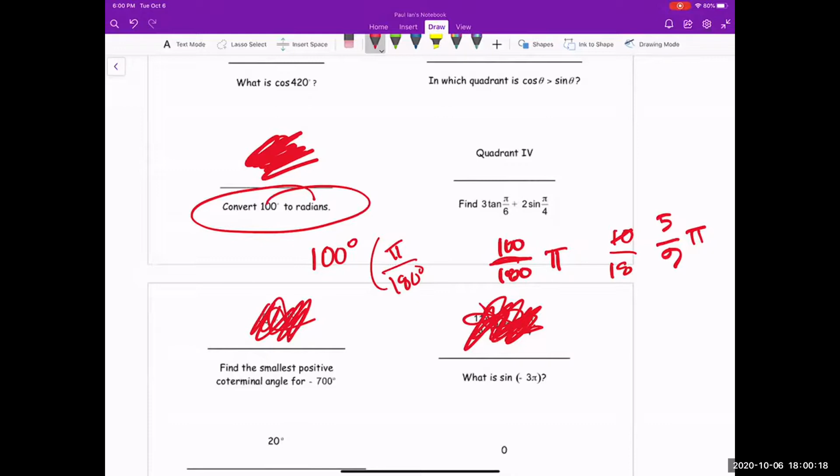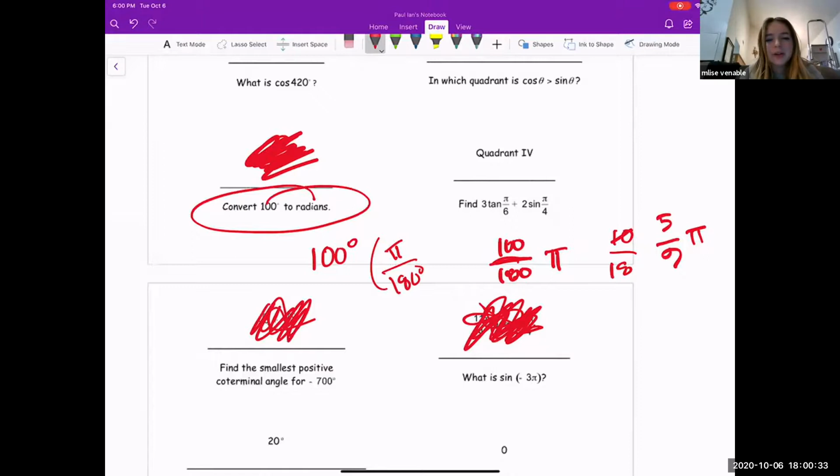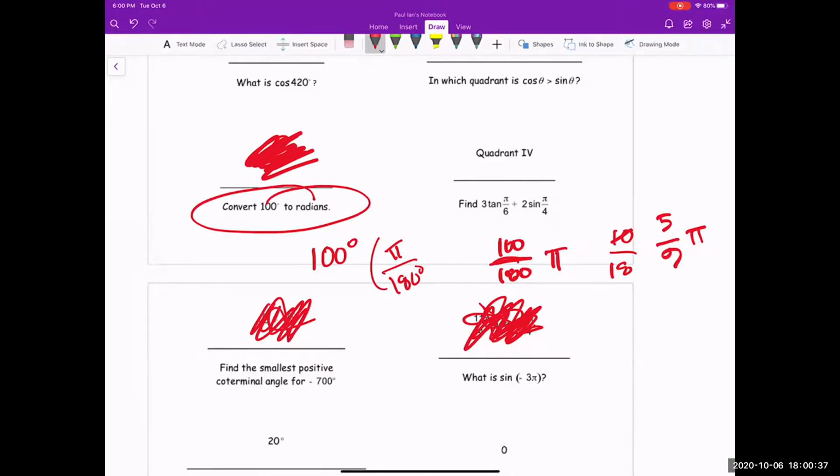That's weird. Convert 100 degrees to radians. What did you get for this one? So then, what would you do if it was 5 over 9 pi, would you have to split it up? Did you look at this answer? This answer doesn't even make sense.